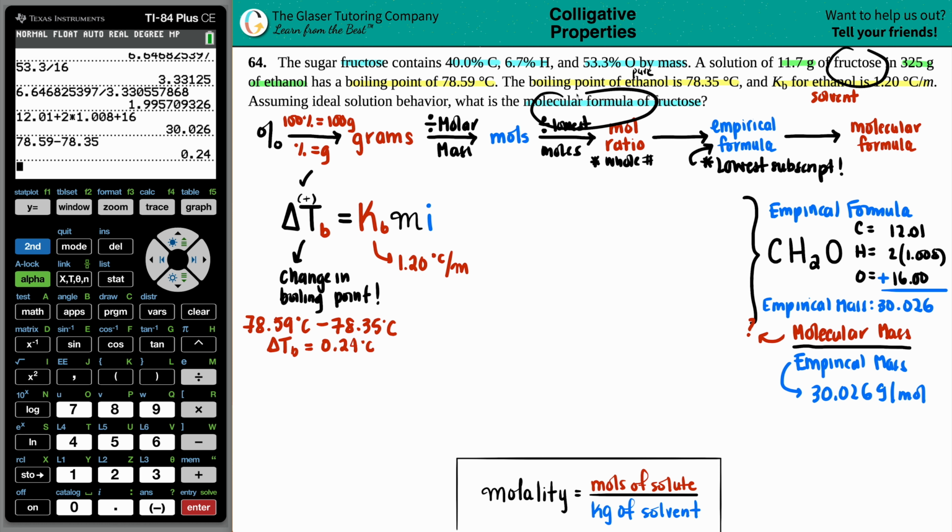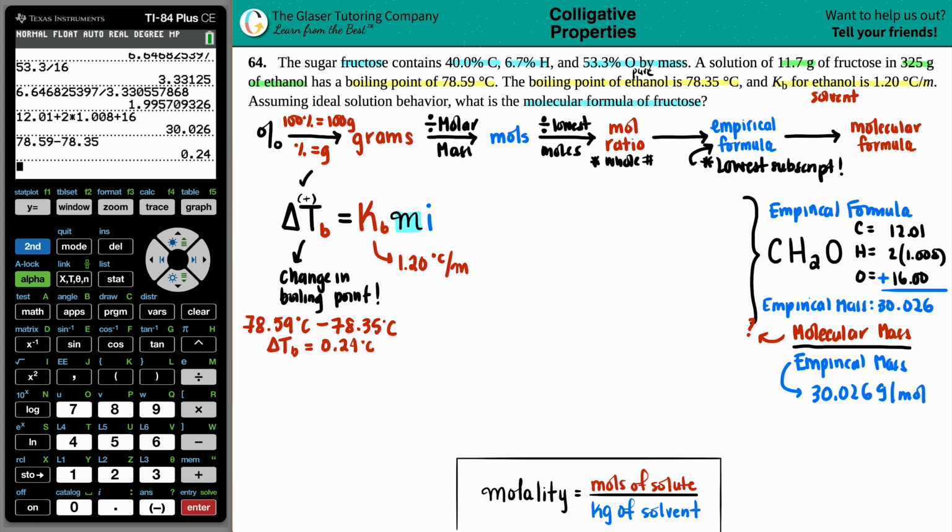That's what we're trying to find out. So I can't convert these grams to moles because I don't know the chemical composition of fructose. I know the empirical composition, but I don't know if this has to be times 2 or 3 or 4. So I can't find the molality, which probably means that we're going to solve for it.